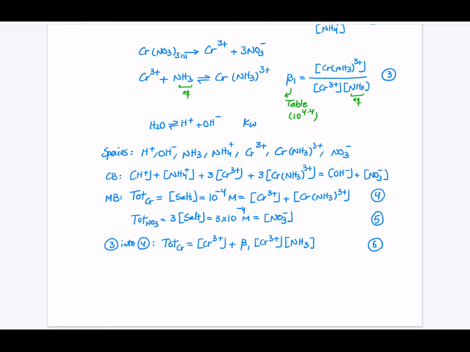So this is good, but not good enough, because we have chromium 3 as a function of something known, but something pH dependent. So the next step is basically to write something for NH3 as a function of a constant and also a pH dependent factor. What's the best one to use out of the 6 equations we have?